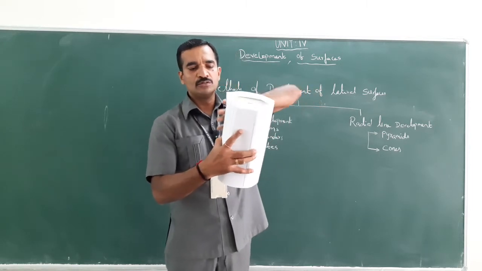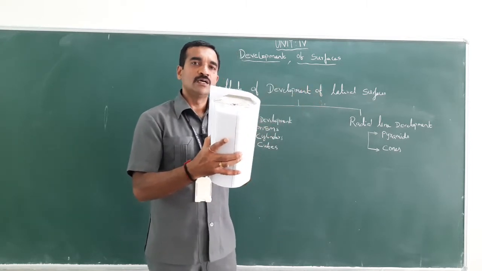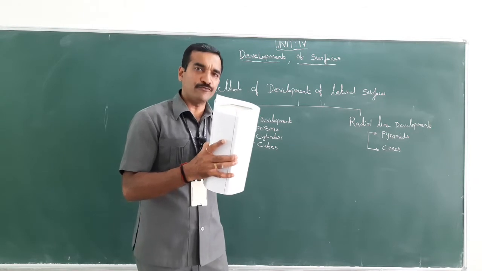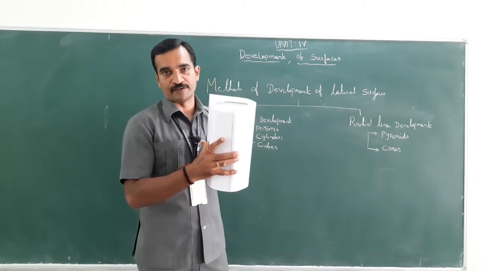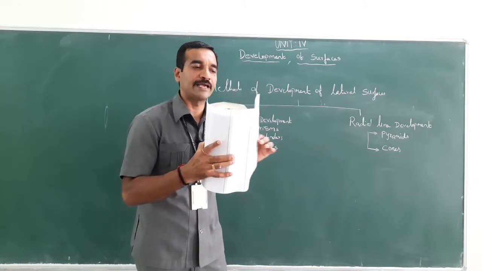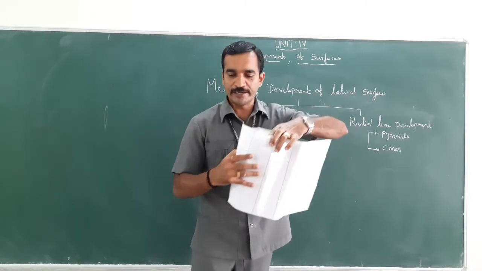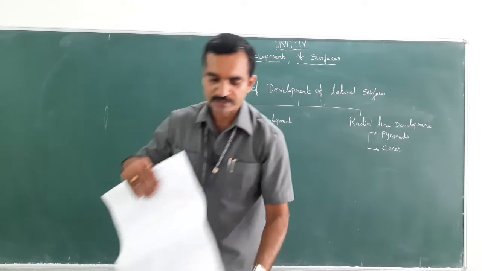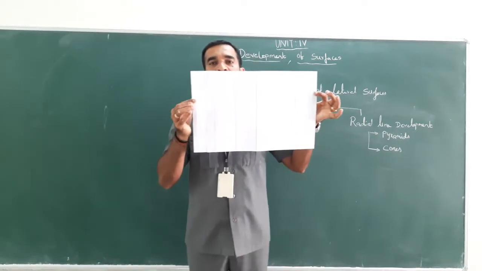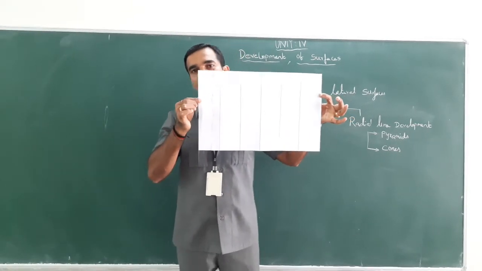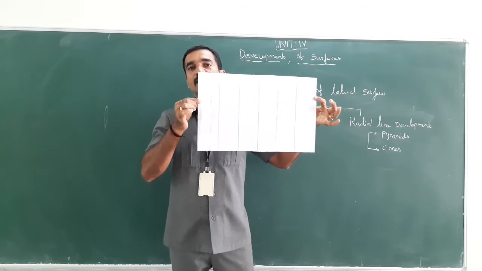Now, I am going to stretch out, or unroll, or unfold the lateral surfaces from back to the right, in this manner. When I stretch it out or unfold it, you could see the rectangular shapes.